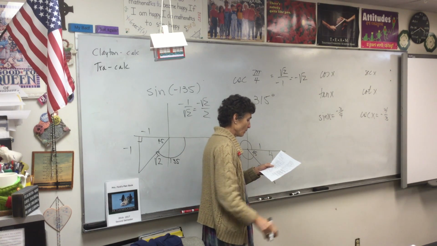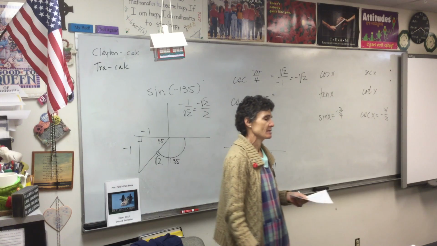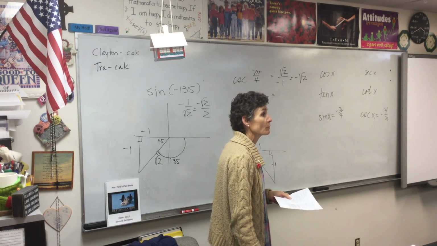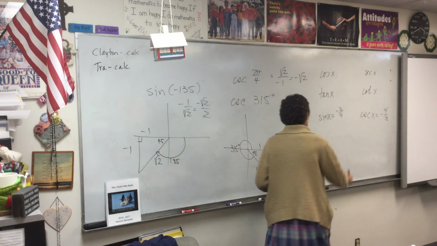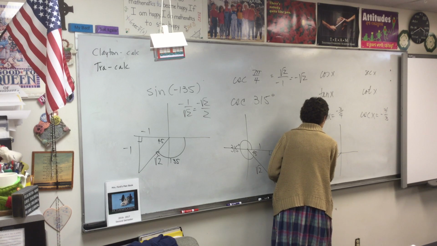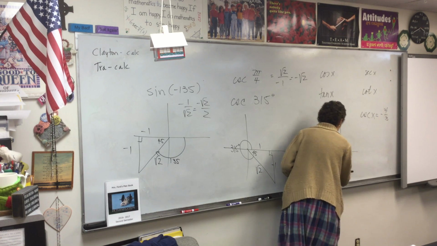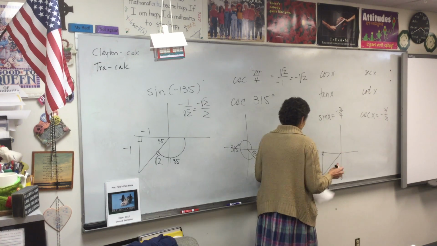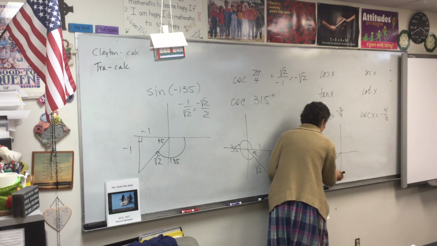What does 180 less than x less than 270 mean? That's quadrant 3. So I'm going to draw my triangle in quadrant 3, because here's 180 and here's 270, so my angle is somewhere in between. And the sine is negative 3/4.